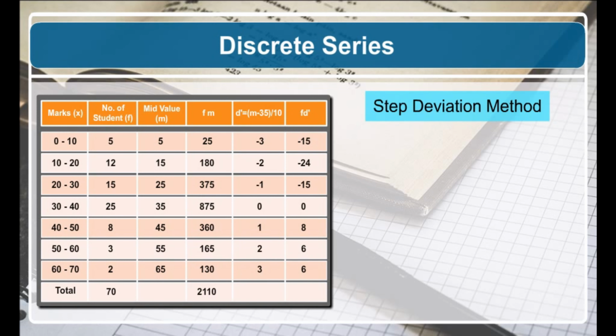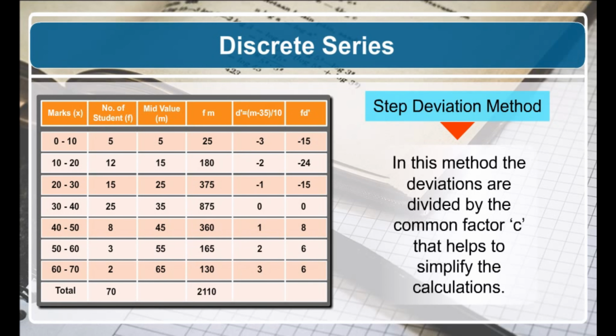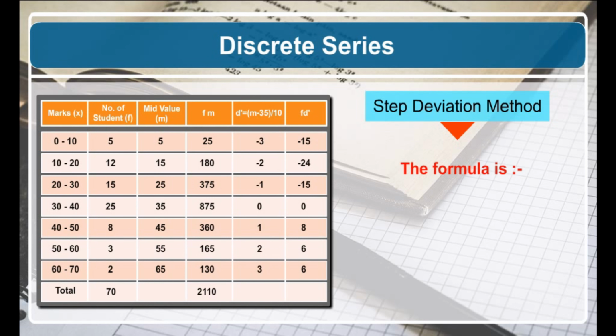Step deviation method. In this method, the deviations are divided by the common factor c, which helps to simplify the calculations. The formula is x bar equals A plus summation fd dash upon summation f into c.